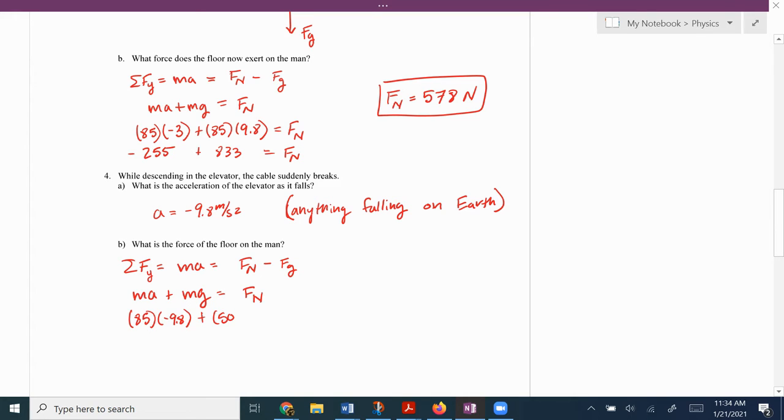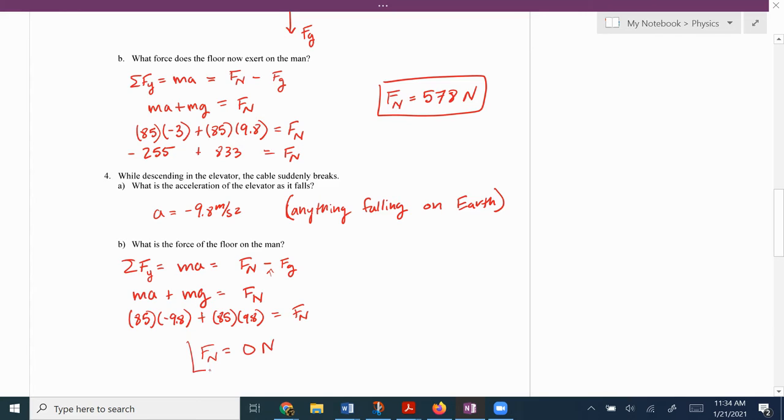That's 85, not 50, sorry. 85 times 9.8, not negative, because we've already taken care of the negative sign. So we get that the normal force is equal to 0 newtons.